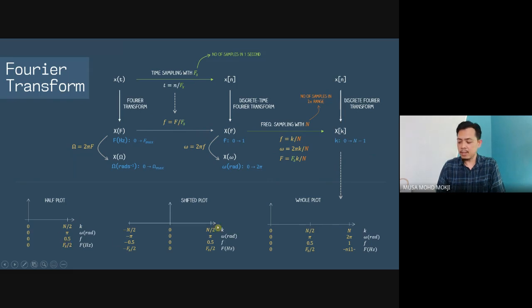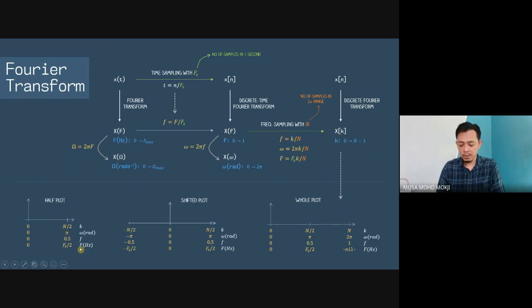For analysis, you don't need the other half of the plotting. Plotting is mostly a visualization for us to do the analysis, because it is a graphic representation of the spectrum. But for calculation and everything, you should have the complete formula. So we need the whole plot for calculation, but for visualization, which is the plotting, half plot is enough, because those are the maximum frequencies.